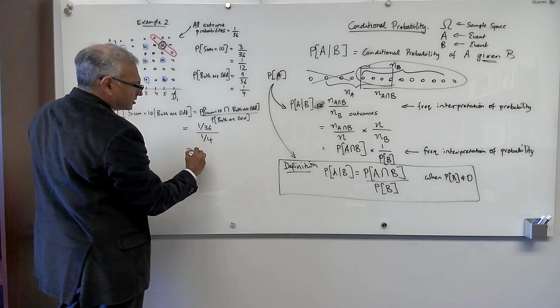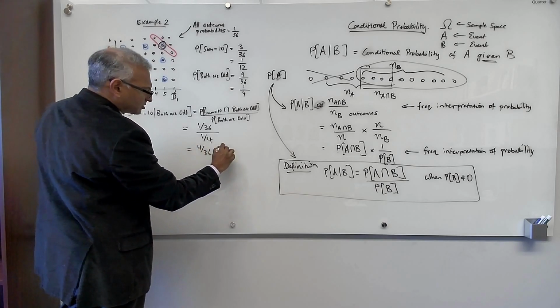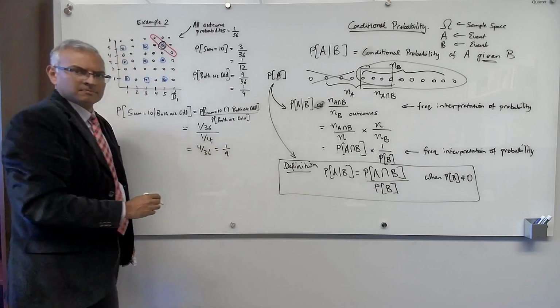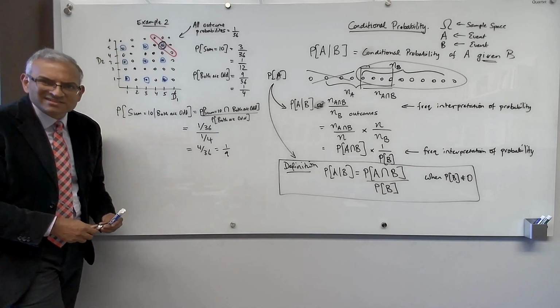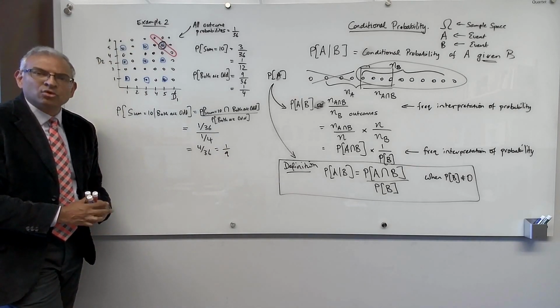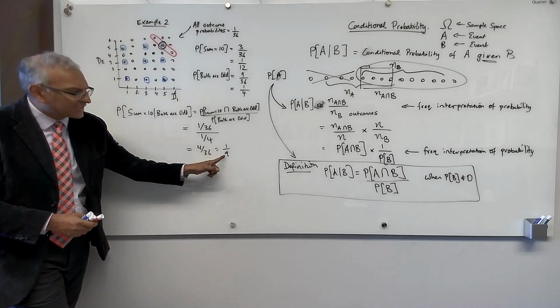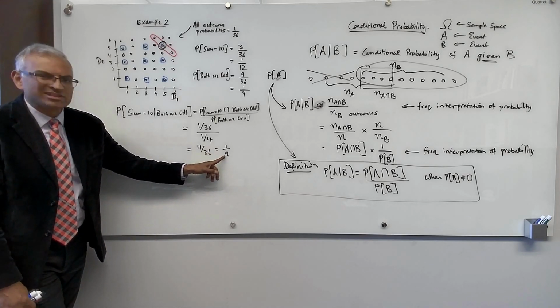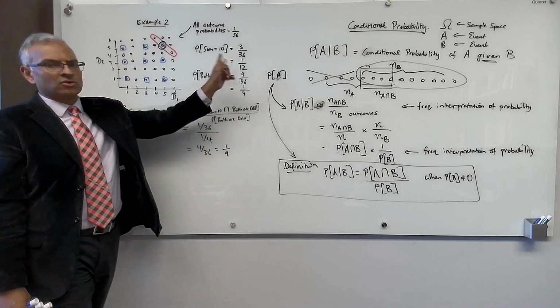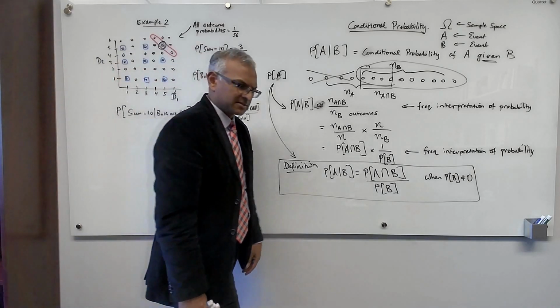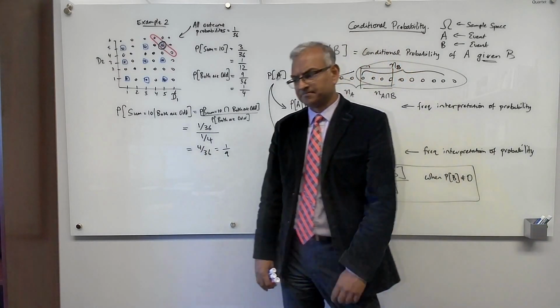So this is 4 over 36, which is 1 over 9. So the chances that you have rolled a 10, if you know that both your rolls are odd, is 1/9, which is slightly higher than the chances of rolling a 10.